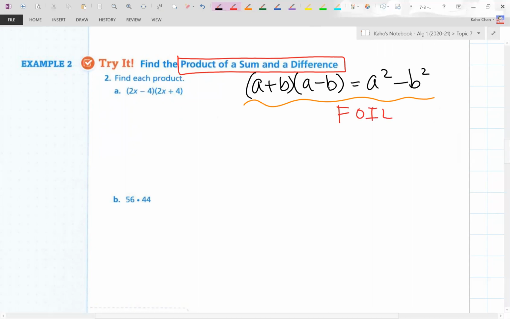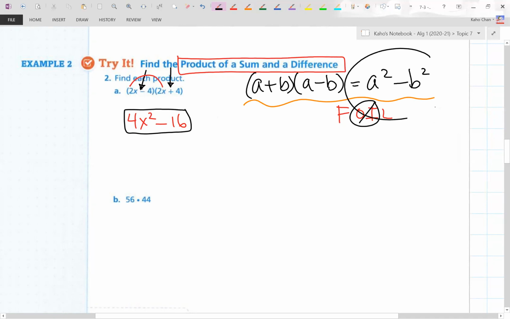This is from the opener, last page. Here, when I have a product of a sum and difference, I have a minus sign and a positive sign there. I can just do the first terms. 2x times 2x is 4x squared, minus 4 times 4 is 16, and you're done.